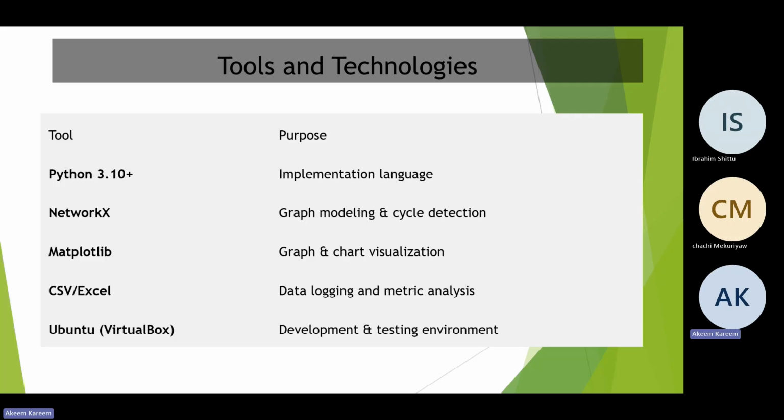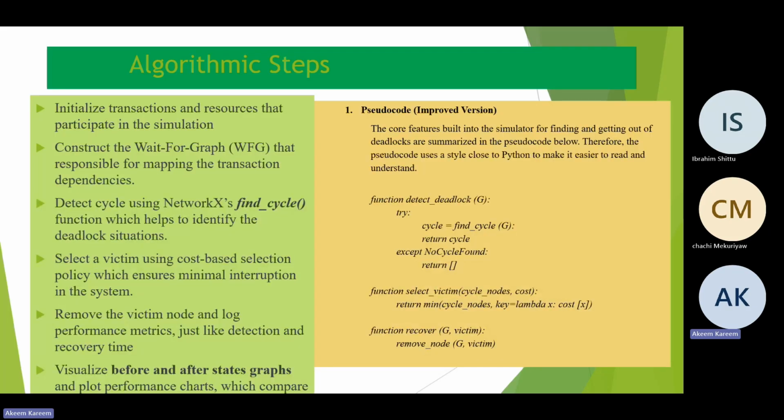We use the NetworkX library to build and analyze graphs, and that's how we're able to detect cycles that represent deadlocks. For graph visualization, we use matplotlib, and for storing results and metrics, we use CSV and Excel files. This combination made it easy to detect, visualize, as well as evaluate the system performance.